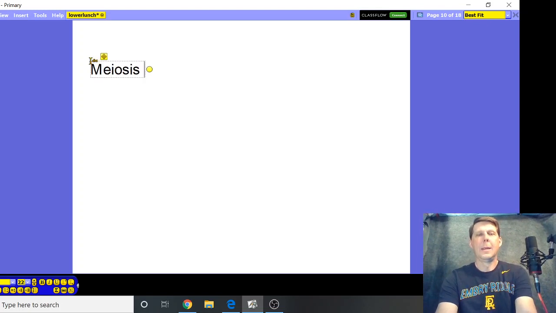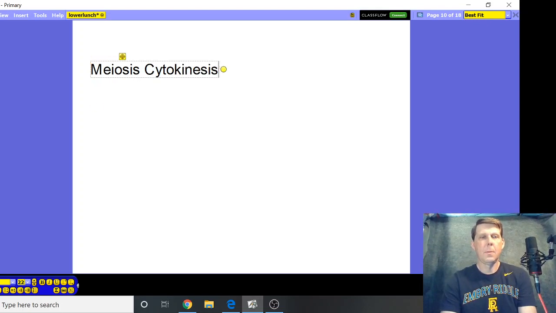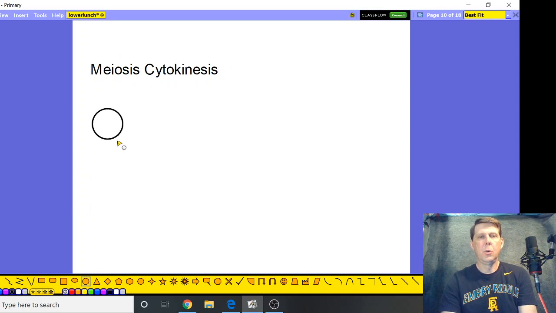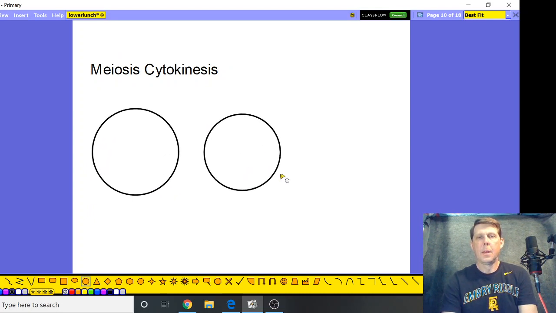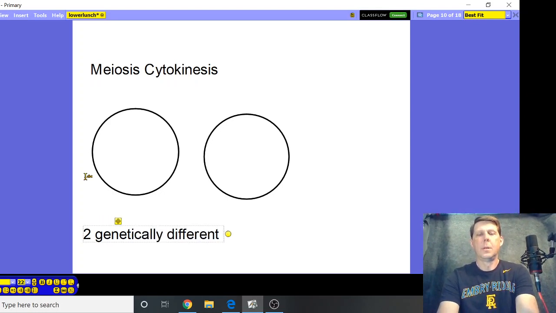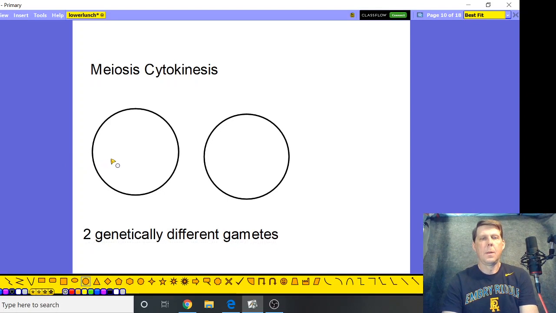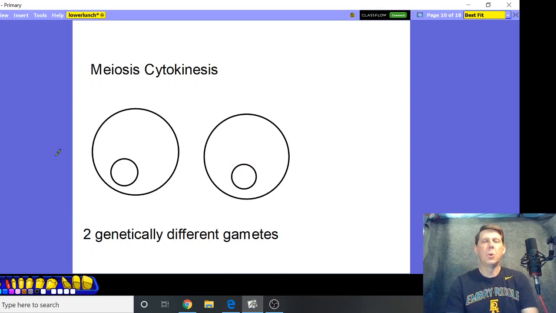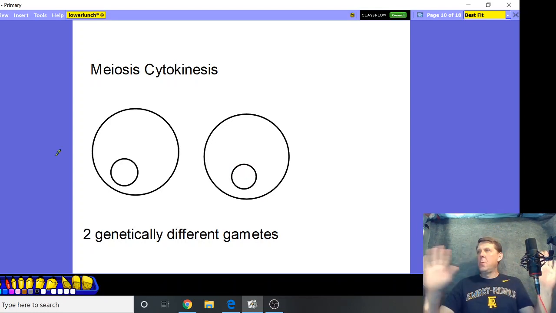Meiosis. Cytokinesis. We're going to draw two genetically different gametes. And that's what we're calling these. They are not identical. Because of that crossing over, some of the homologous pairs went one way and some went the other.